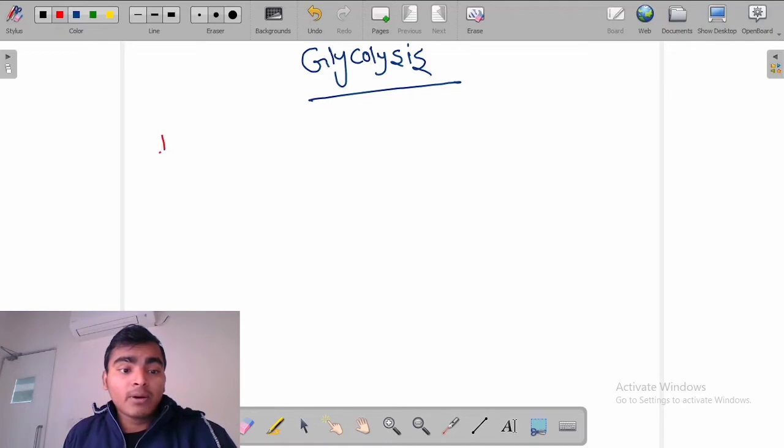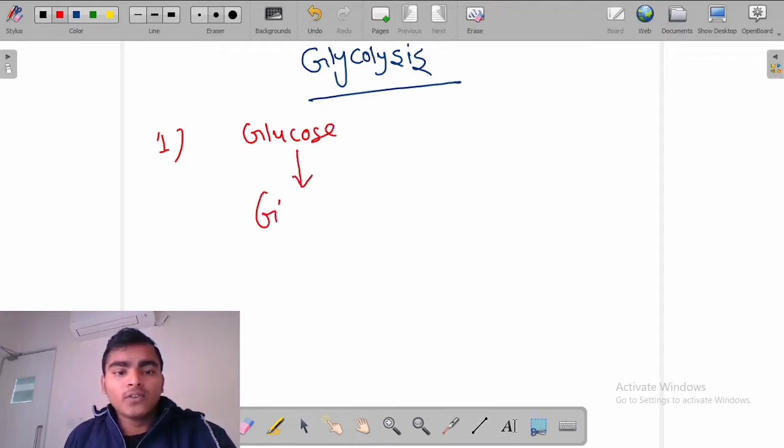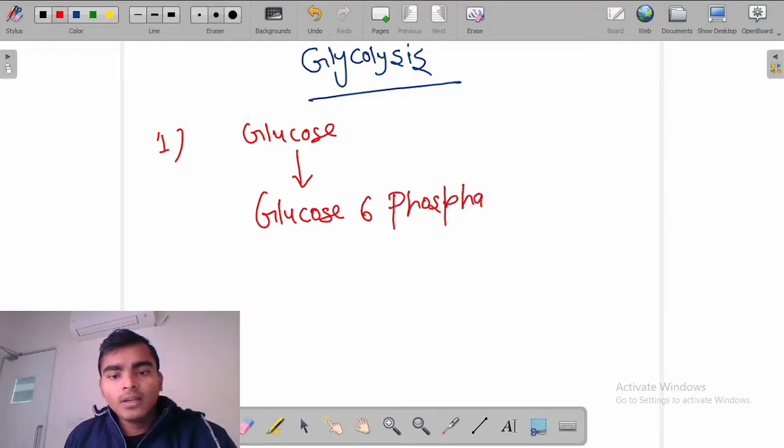The first step of glycolysis is that glucose is converted into glucose 6-phosphate. As the name suggests, glucose 6-phosphate means that the 6th carbon of glucose is bound with a phosphate molecule.